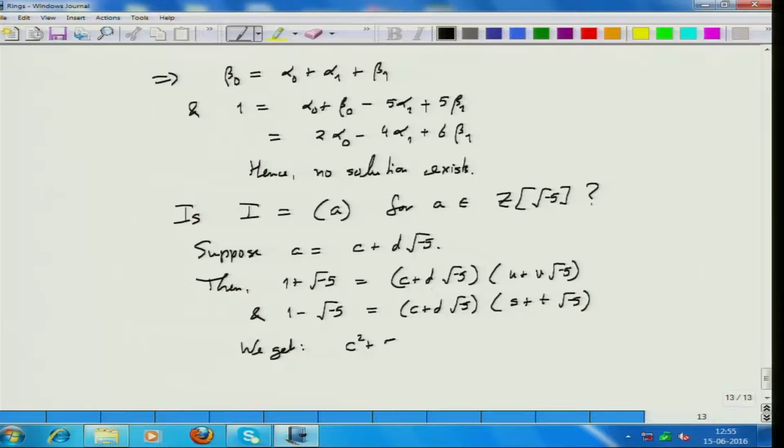Norm of this is C square plus 5D square. This divides 6. So what are the possibilities? Very few. D could be 0, and then C must be 1.